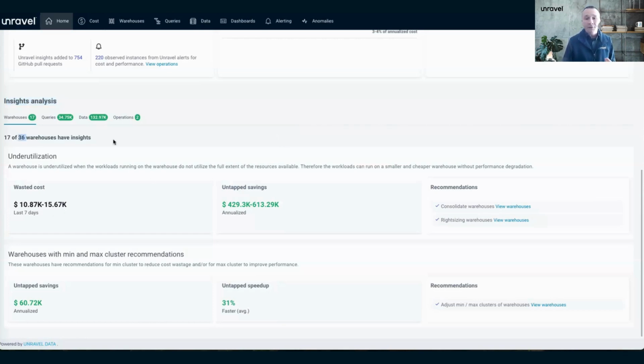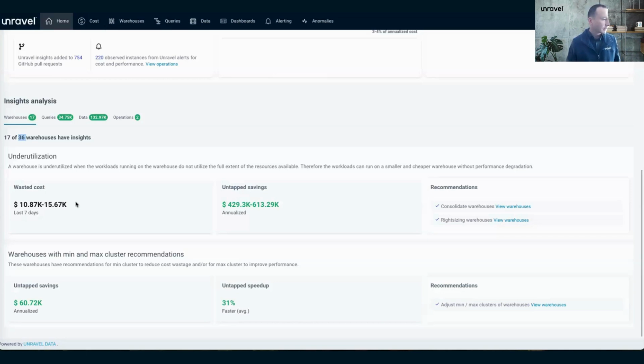As an example, out of our 36 warehouses running in our environment that we're monitoring, we have 17 where Unravel has found some sort of underutilization, meaning the warehouse is underutilized because the workloads, the queries running on them, are not utilizing the full extent of the resources available to them. Therefore, they can be run on smaller, cheaper warehouses without performance impact.